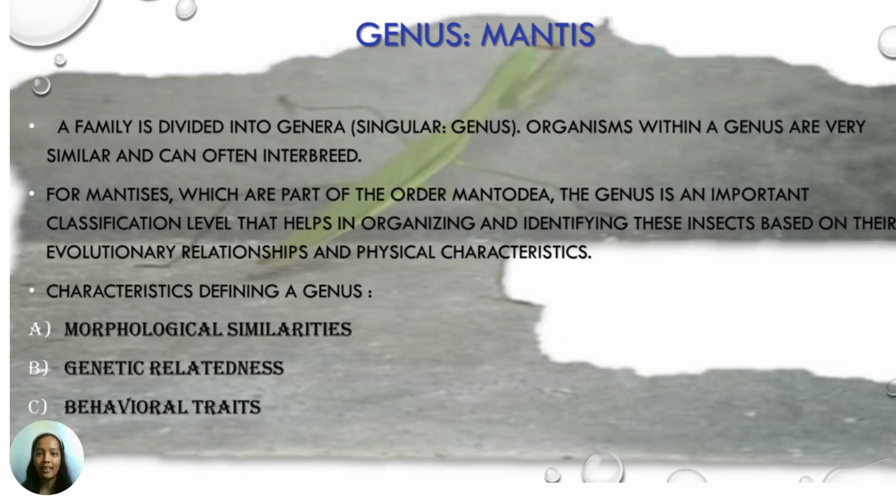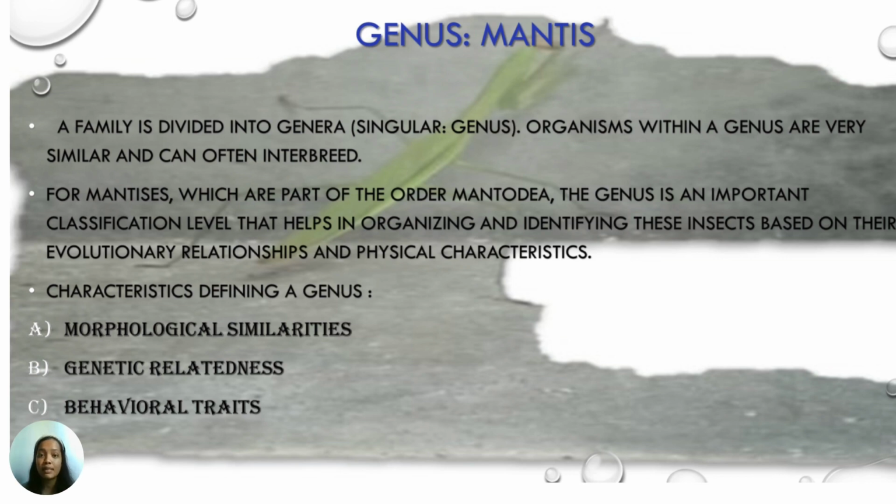So moving to my part, I will explain the genus and also the species for this insect that our group has chosen. The genus of this insect is Mantis. In biological classification, the genus is a taxonomic rank used in the biological hierarchy of organisms. It comes above the species and below the family.